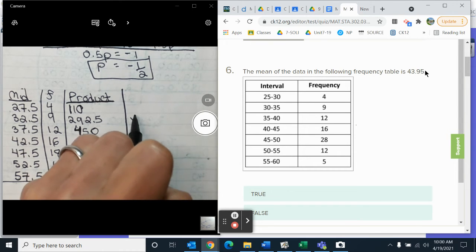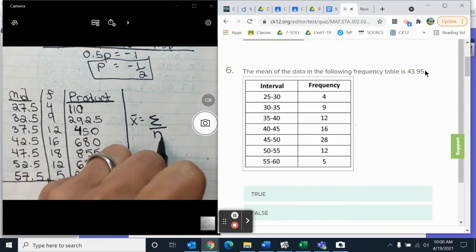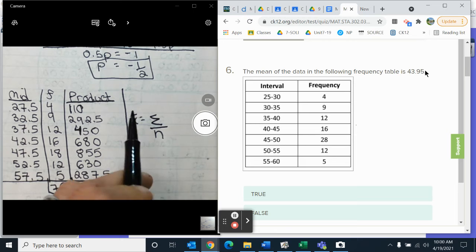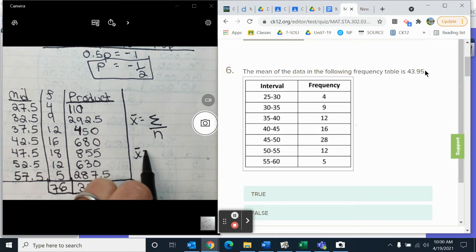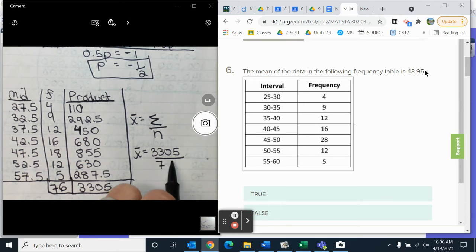Remember that the mean is the sum divided by however many objects we have. And in this case, the sum is 3,305 divided by 76. And we get 43.5.